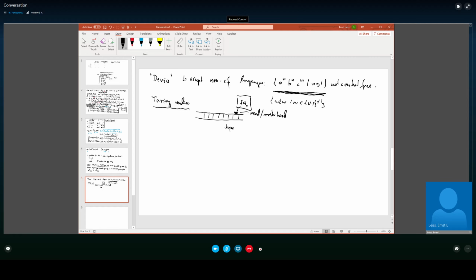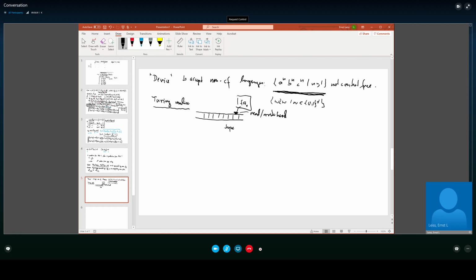So in this way, it always finds matching a, b, and c instances. And if in the end everything is used up, everything is marked, then the word is a to the n, b to the n, c to the n for some n. If, on the other hand, it doesn't find an a, but it still has b's and c's, then obviously this is no good.